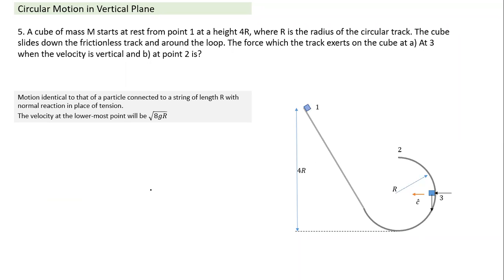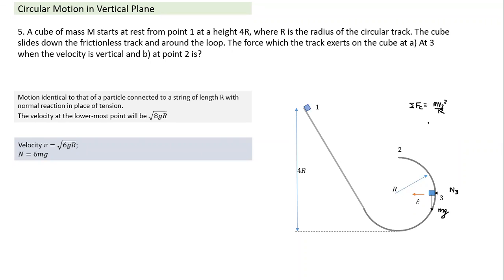Okay. So basically, this is the point we need to calculate here. We have drawn this free body diagram, and this is the centripetal direction, marked. This is the normal reaction at this point, and this is mg. We'll use this condition so many times. Velocity at this point is √(6gr). So if I write this equation at point 3, the summation of force in the centripetal direction is equal to mv3² by r.